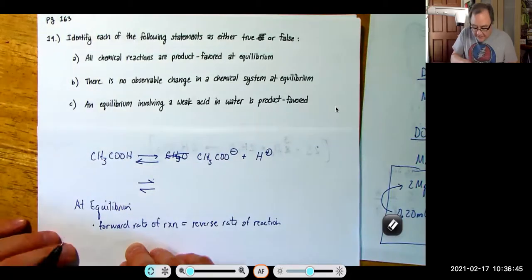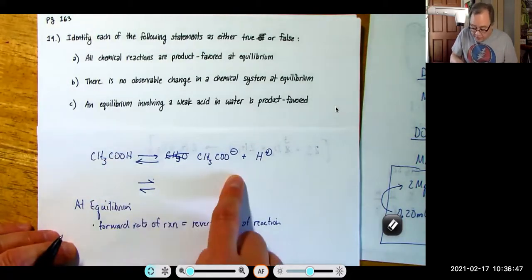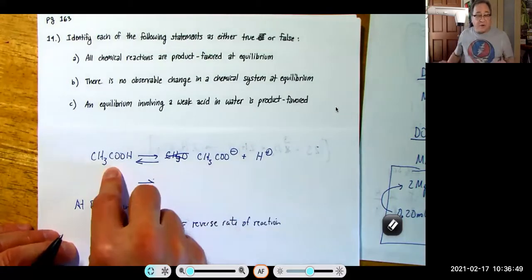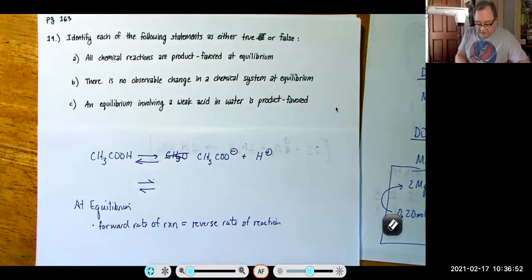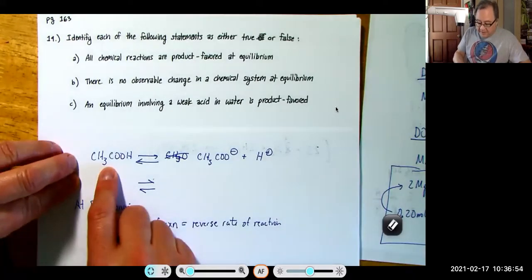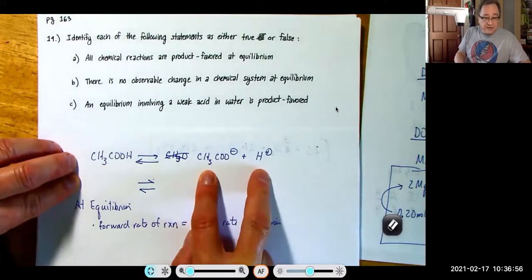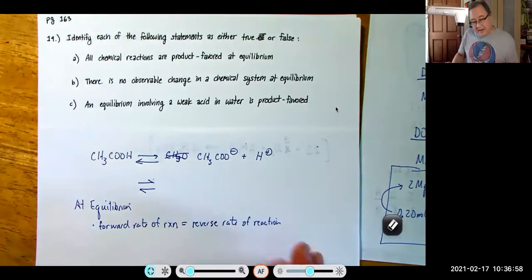So that means if one of these is coming apart, two of these are coming together. That's the same rate. If 100 of these are coming apart, 100 of these and 100 of these are coming together. So do you kind of understand that rate idea?